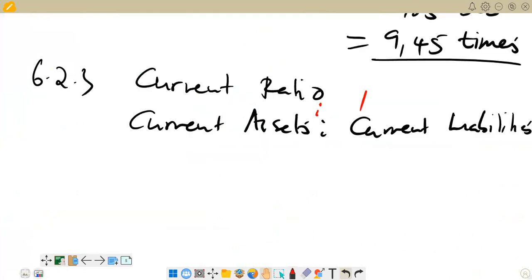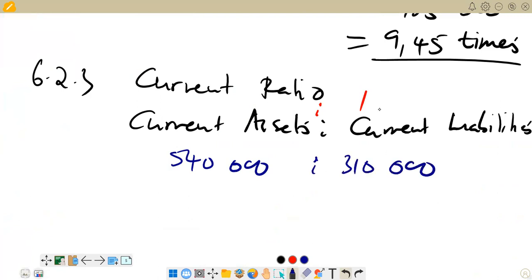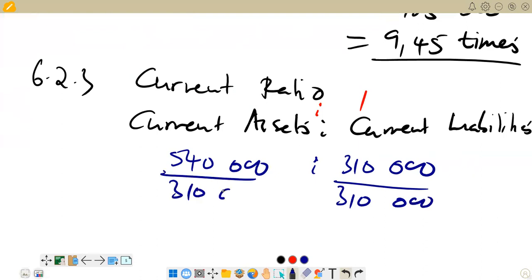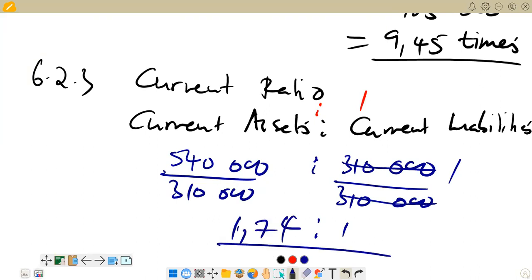Current assets, remember, is 540,000. As to our current liabilities, we are saying 310,000. So for us to leave this side as 1, we divide by 310,000 both sides. If you divide correctly, this one becomes 1, because 310,000 into 310,000 gives 1. So this side becomes 1, and the other side to 2 decimal places is 1.74. So this is our current ratio.